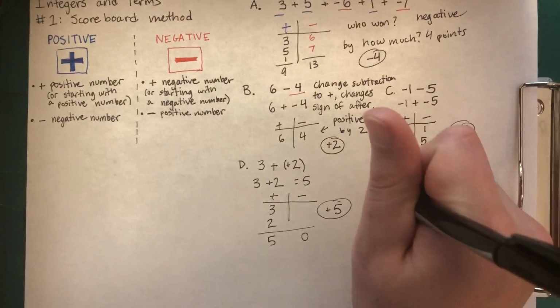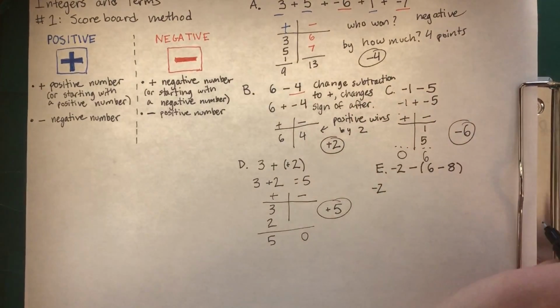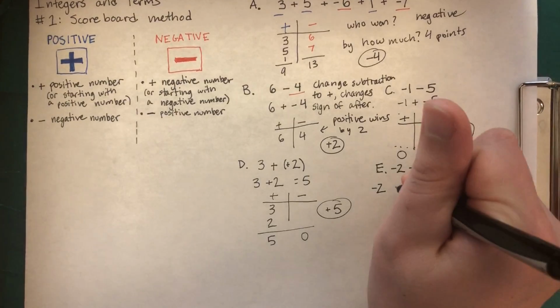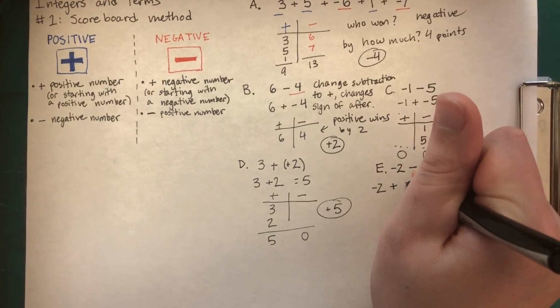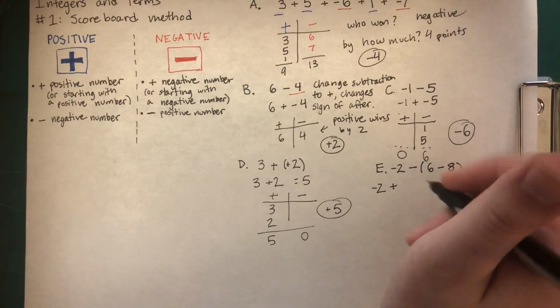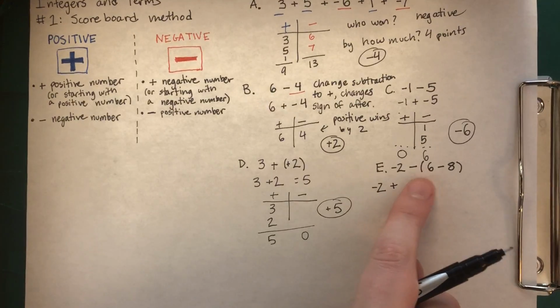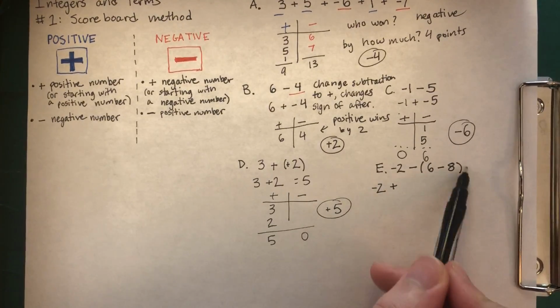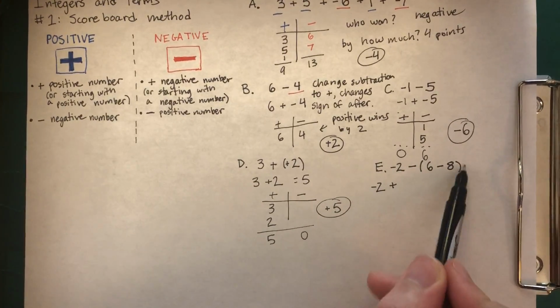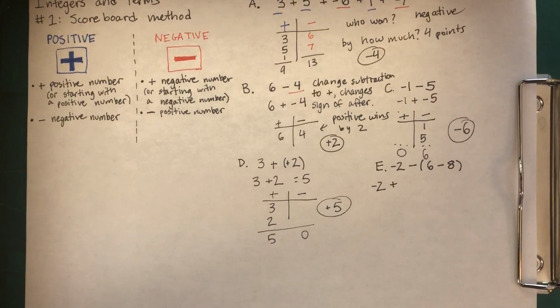So I'm going to rewrite this problem, -2. Instead of the minus, I'm going to write plus, and then I need to change the sign of everything in this set of parentheses, because subtraction changes the sign of what comes after it in both directions.